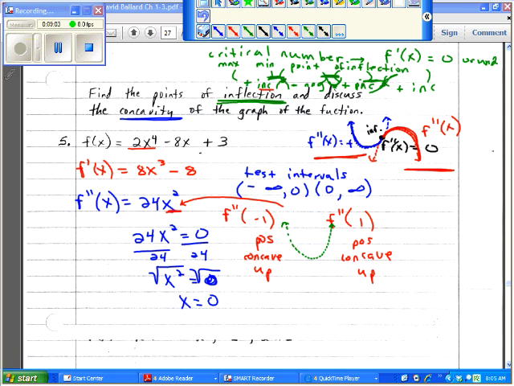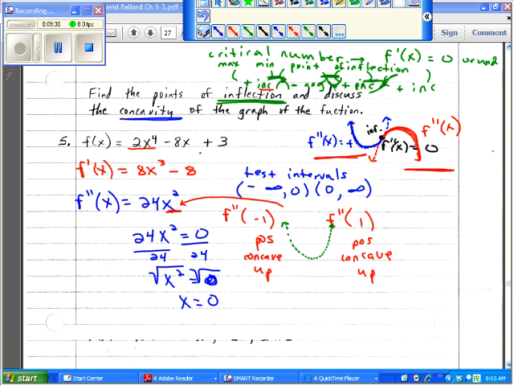Right? It appeared that, okay, my second derivative has a 0. I set it equal to 0, and so we would say, well, at that point is a possible point of inflection, but it never changed concavity.